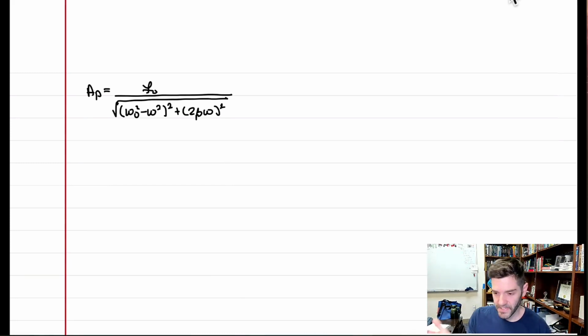This is the resulting amplitude of the oscillatory motion once this oscillatory force is applied. I'm applying a cosine force to the object. The homogeneous solution damps away. This ultimately then is the amplitude that the object will have as it oscillates back and forth as a result of this oscillatory driving force.